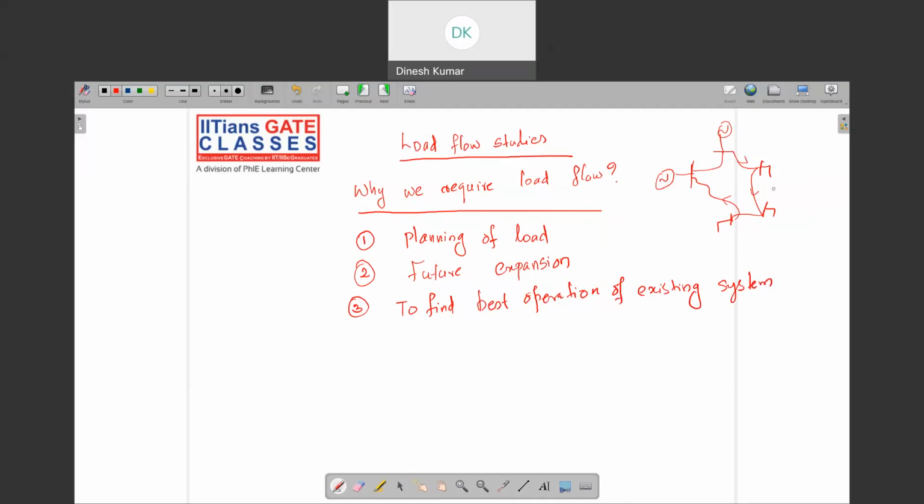That is, how much power is flowing from here to here, then here to here, like that. So we have to find the best and optimal solution for this particular problem. Okay. So these are the important aspects of why we require load flow studies.